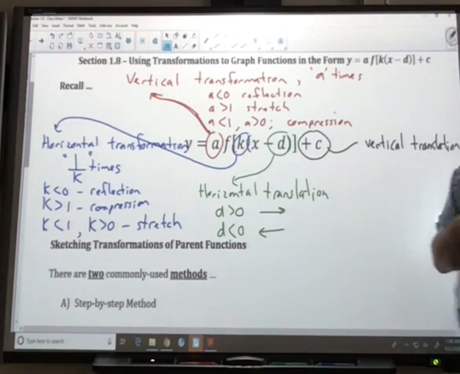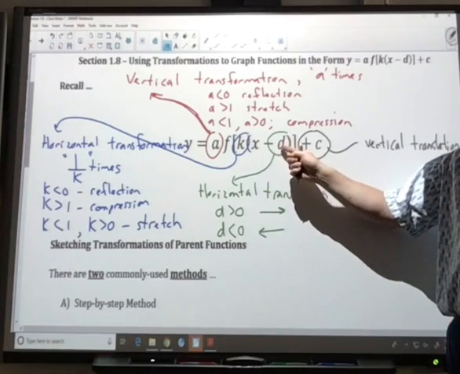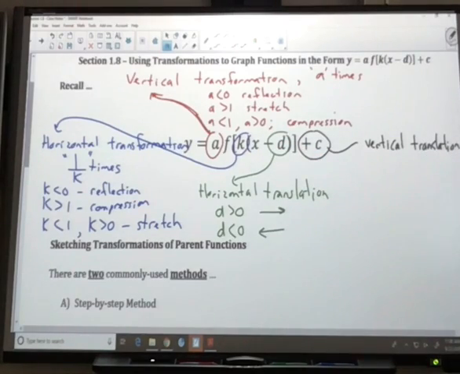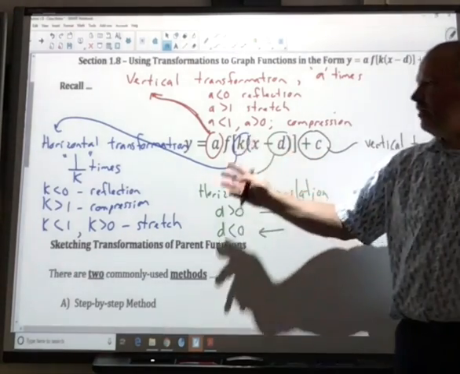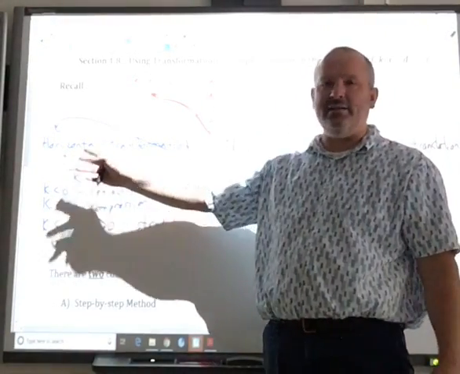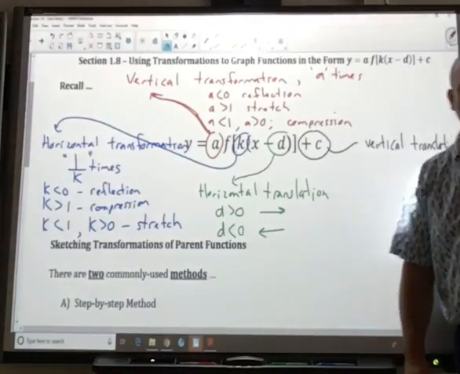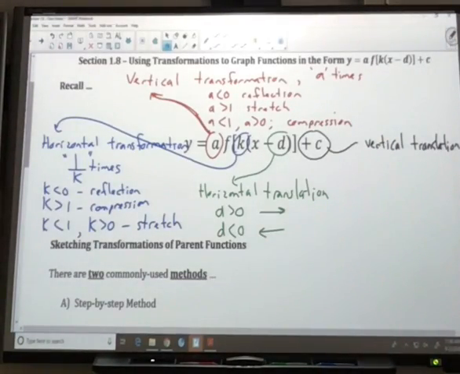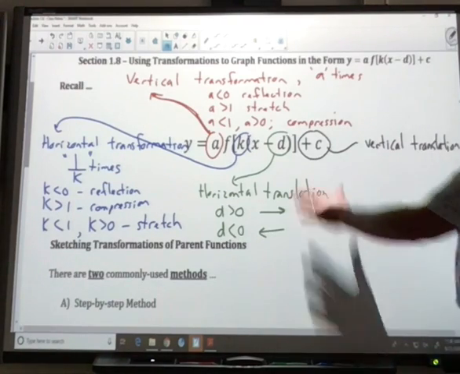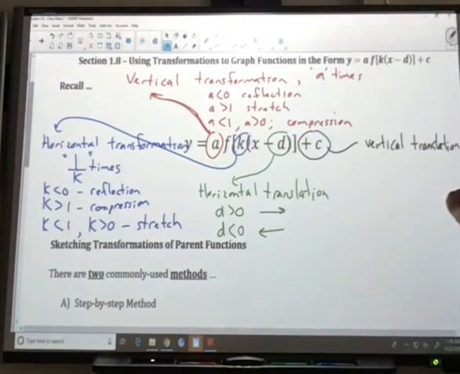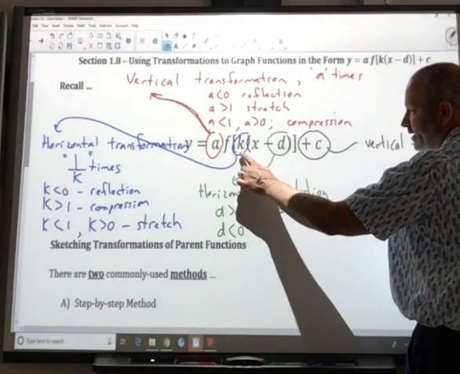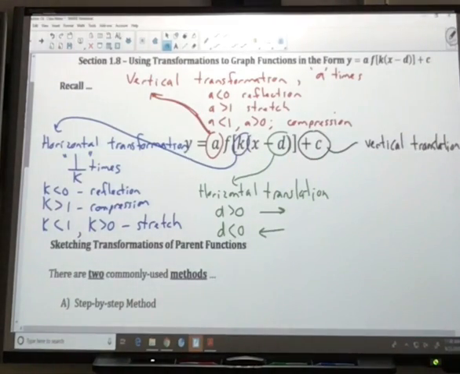When you take K out, you do have to modify D a little bit to see what actually happens to the transformations. So first we determine what these values are and then we go from there. You have to factor out the K to get the correct D, so be sure that you do that.